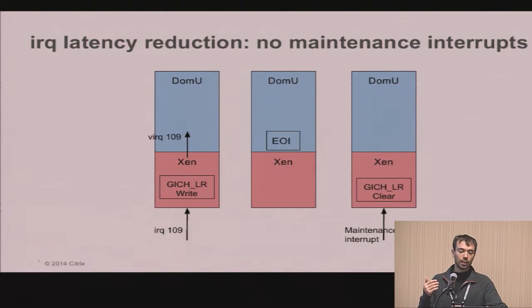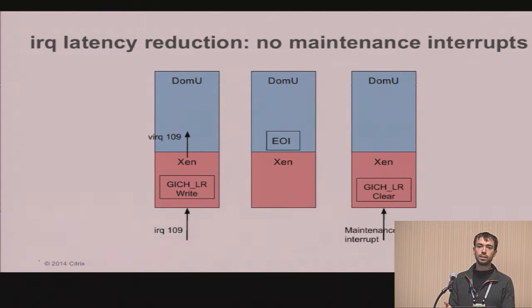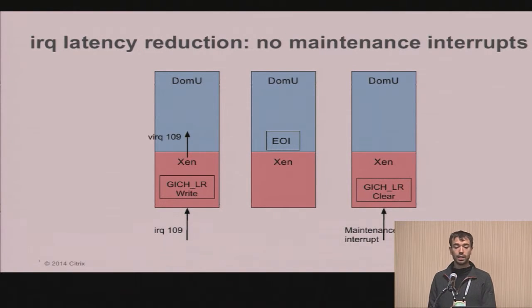So virtual IRQ 109 will be injected into the guest, Dom0, for example. Dom0 will handle the interrupt, and at the end, it will EOI the interrupt. EOIing the interrupt from Dom0 causes a second interrupt to occur. This second interrupt is called the maintenance interrupt, and it was used by Xen to clear the status of the registers.